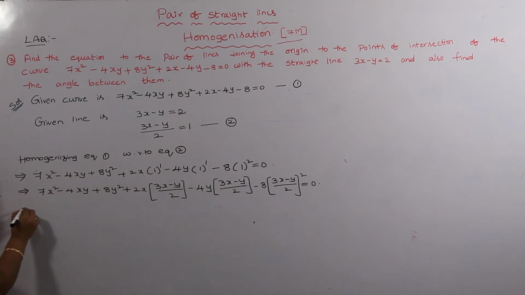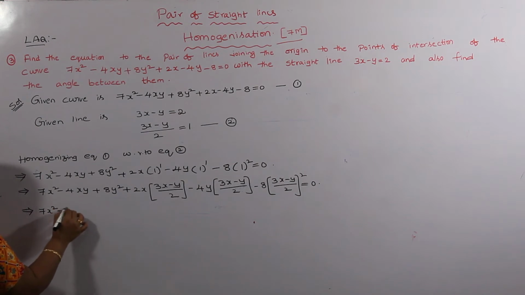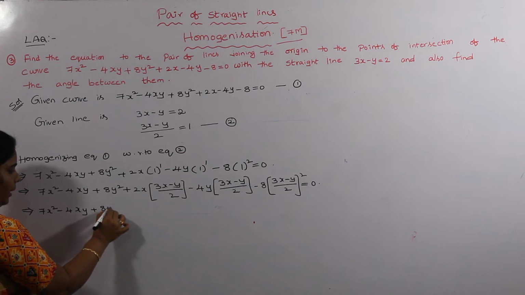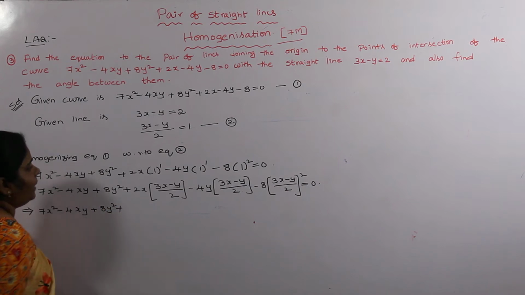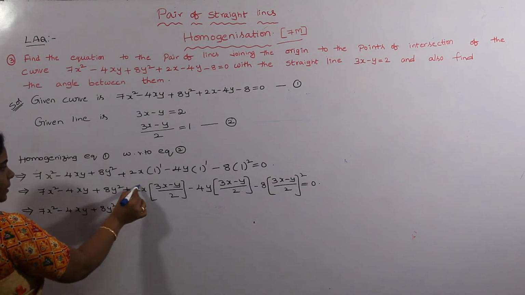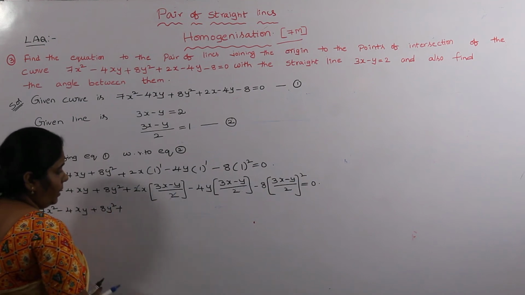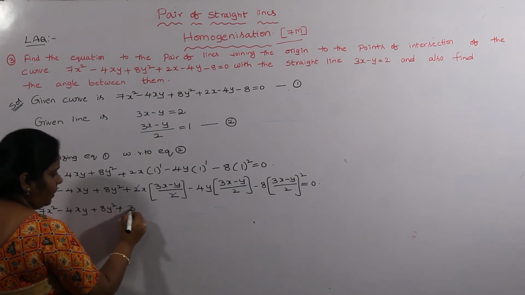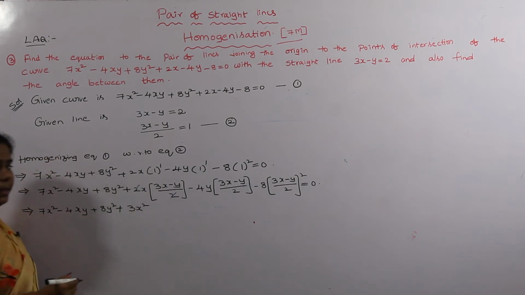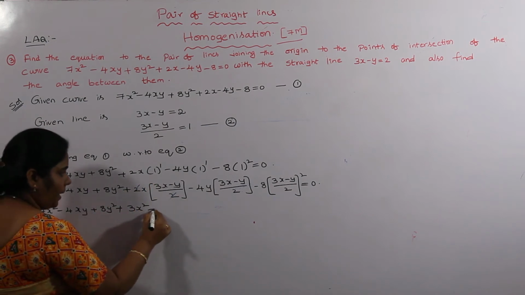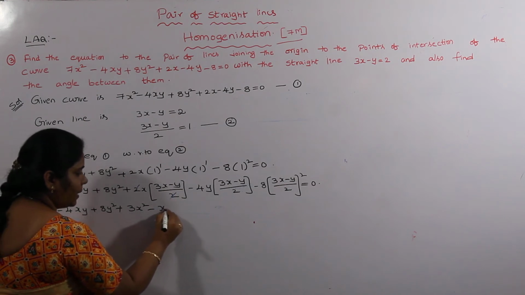Now take the simplification. 7x square minus 4xy plus 8y square plus, here 2 is cancelled. Then x into 3x is 3x square, x into minus y is minus xy.